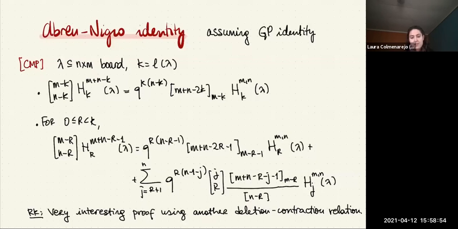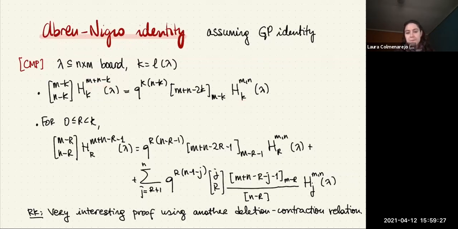To have an idea, for instance, if I look at the Abreu-Nigro identity, assuming that the White-Packet identity is true, then doing it for rectangles gave us these two relations, which initially was not very, I don't know how I would get this if I were to do it in any other way. This is relating Q-hit numbers in very big rectangles, square boards, in terms of smaller rectangle shapes.